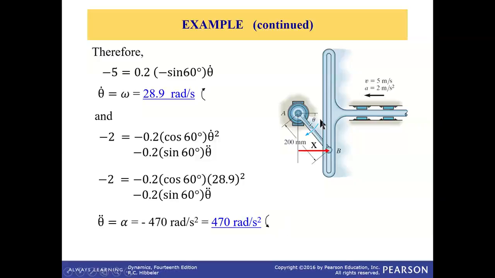In other words, when this slotted rod moves towards the left, the angular velocity of link AB is counterclockwise, but the angular acceleration is negative. That means it slows down as the rod moves from left to right. As we know, negative angular acceleration means the rotation is slowing down. If it is positive, then it's speeding up, or its angular speed increases.